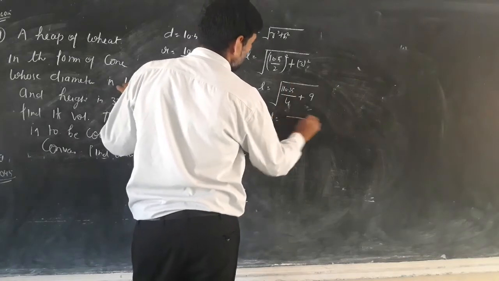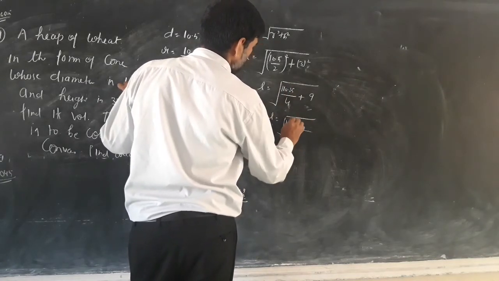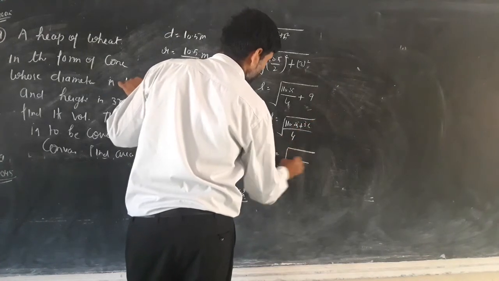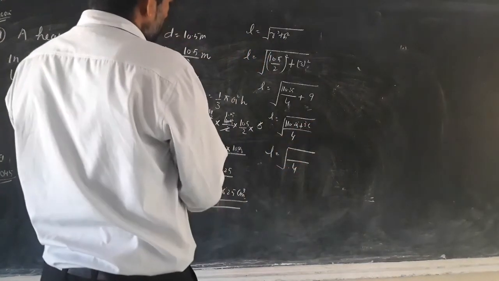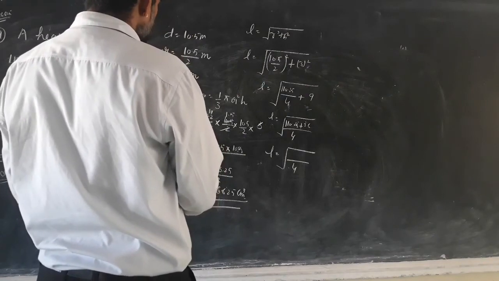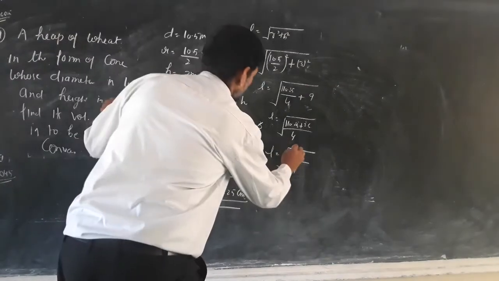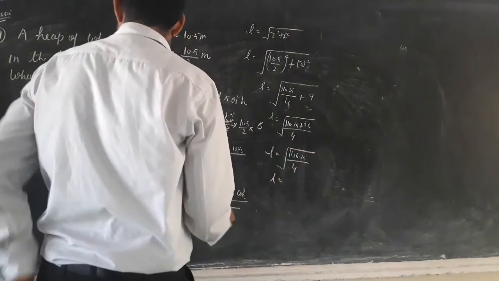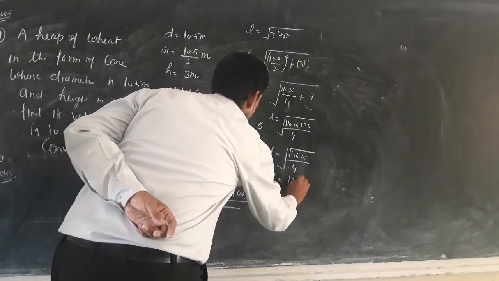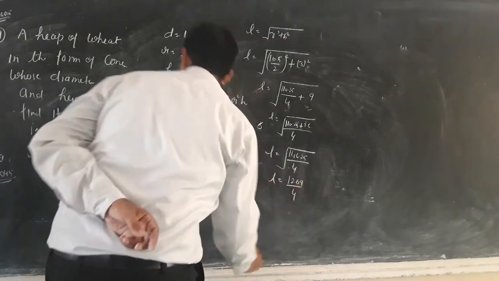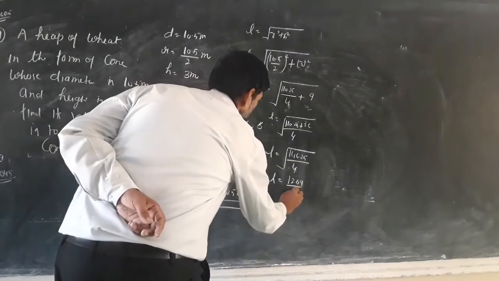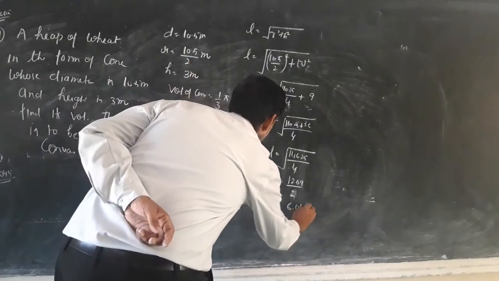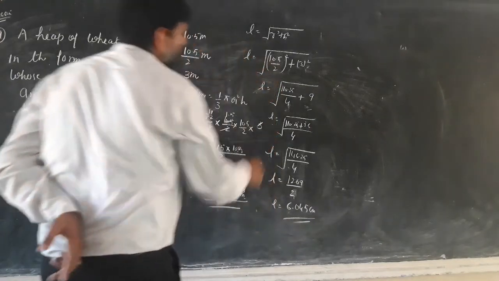LCM is 4, so 110.25 plus 36 upon 4. 110.25 plus 36 is 146.25. So L is equal to root of 146.25 upon 4, that is 12.09 upon 2, since the square root of 4 is 2. L is equal to 6.045 meter. That is the slant height.